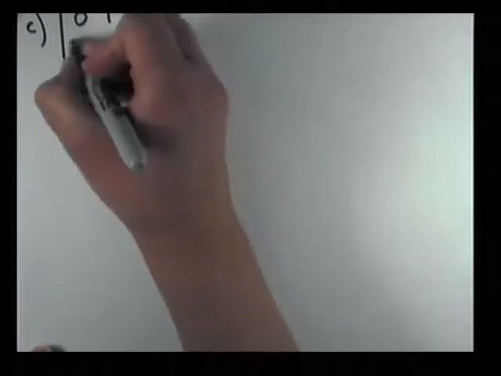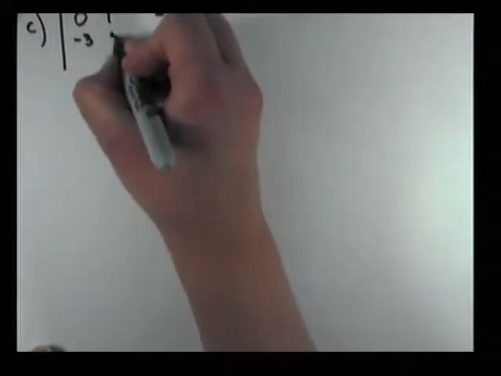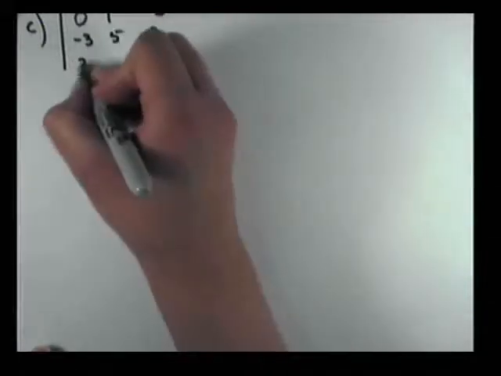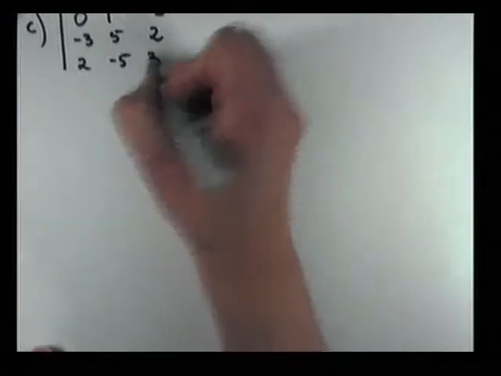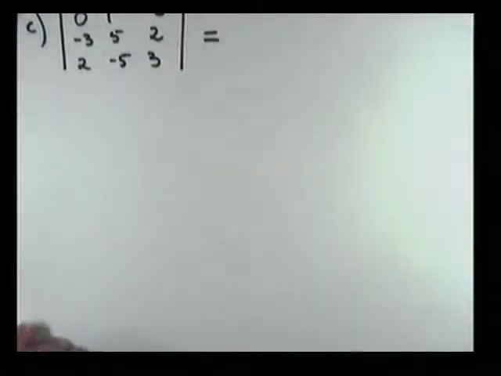Example 3c. Okay, we have 0, 1, minus 3, minus 3, 5, 2, 2, minus 5, 3. Find this determinant.